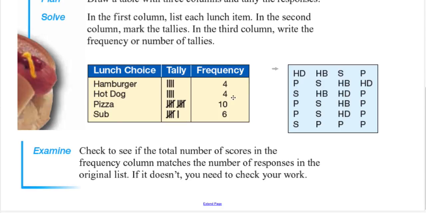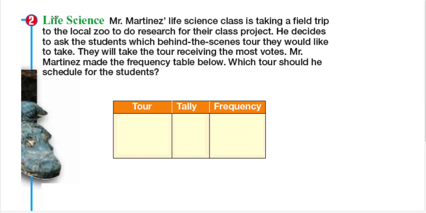Let's take a look at example number 2. But before that, you can use the information in the completed frequency table in many problem situations. Before we look at the completed frequency table, let's read example 2.